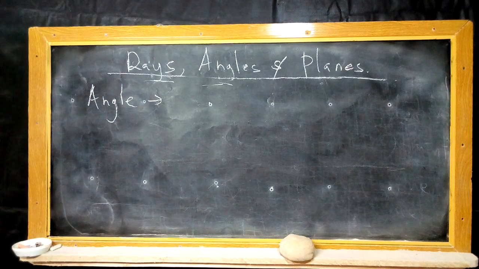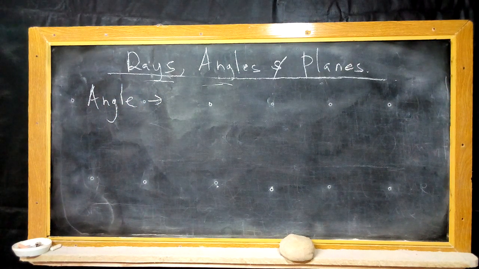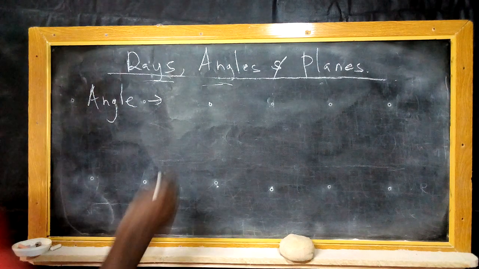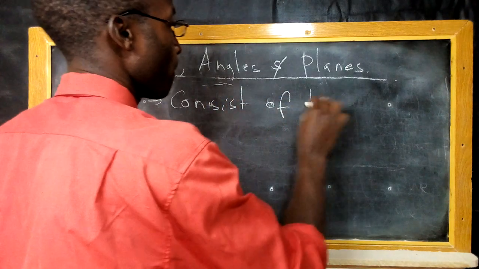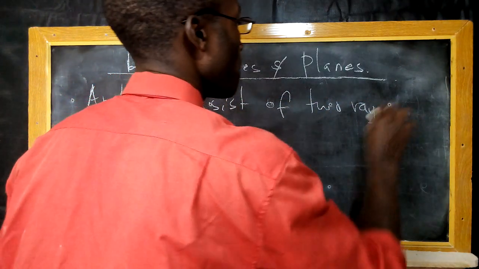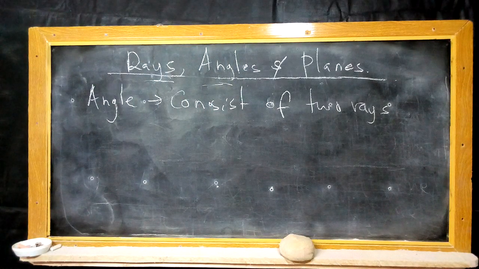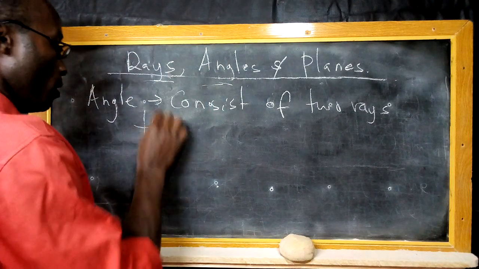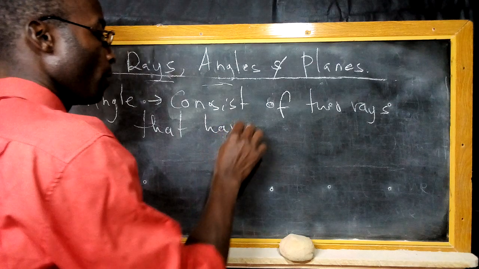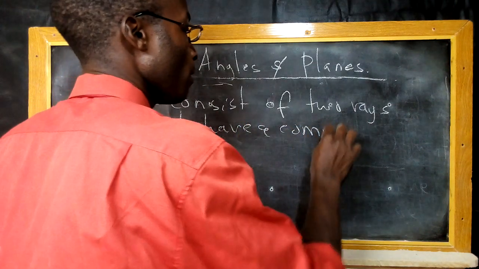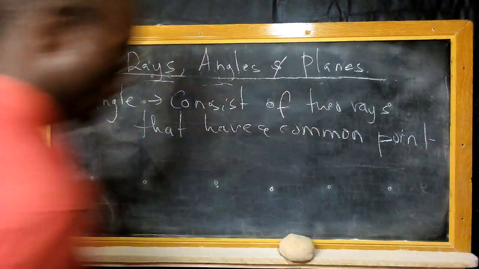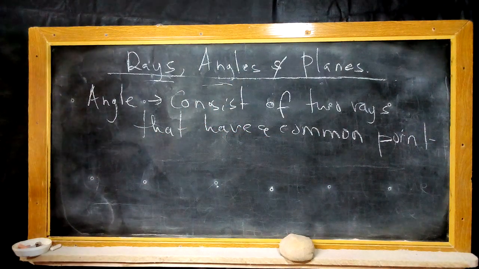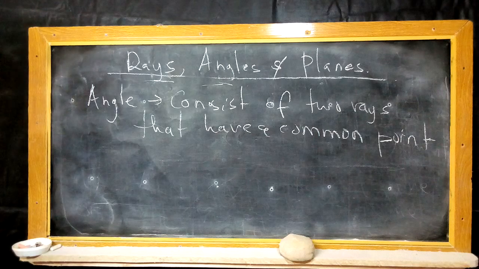Now, an angle can be defined as one consisting of two rays that have a common point, such as the one that we're going to demonstrate.